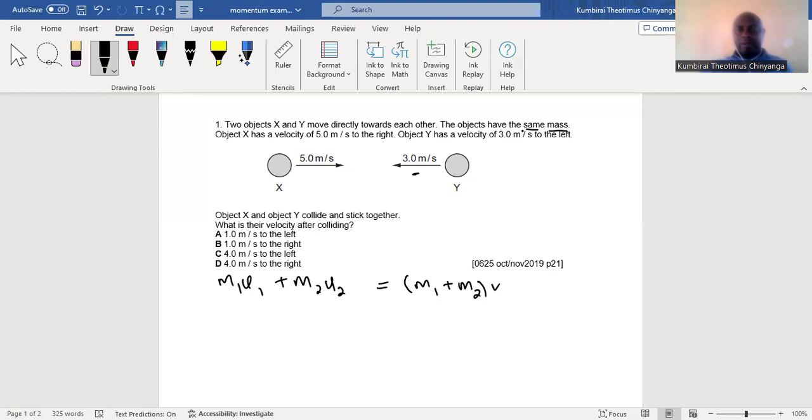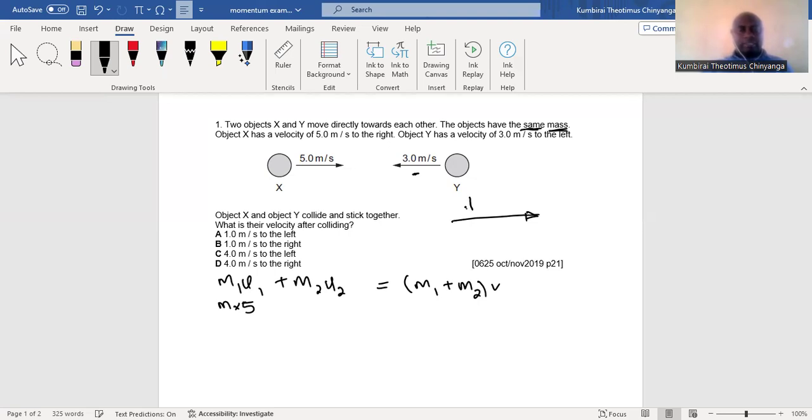And here we haven't been given the mass, but they have the same mass. Solving these problems requires some good knowledge of algebra. We'll use mass m for the mass, which hasn't been given. And we will also indicate direction.